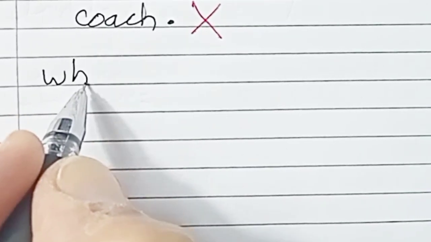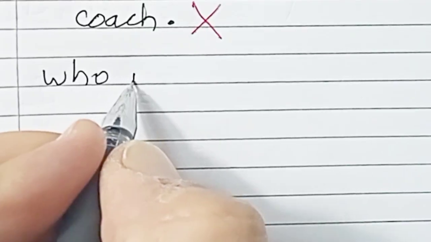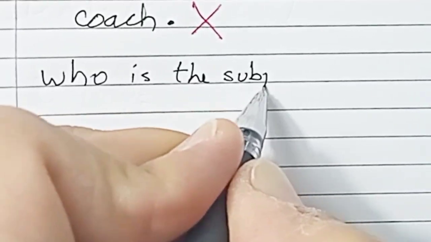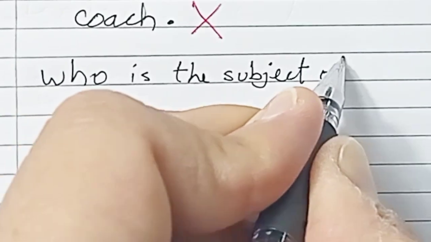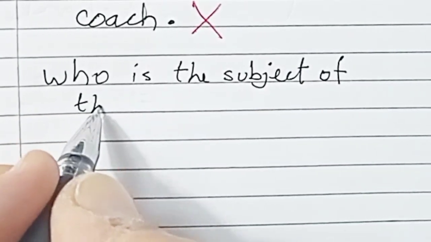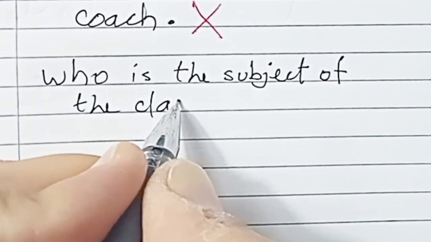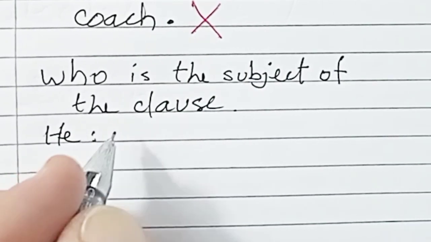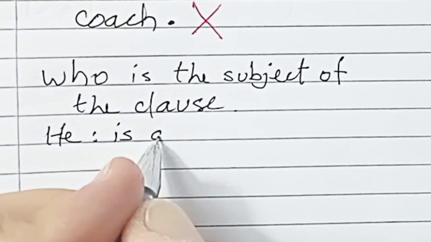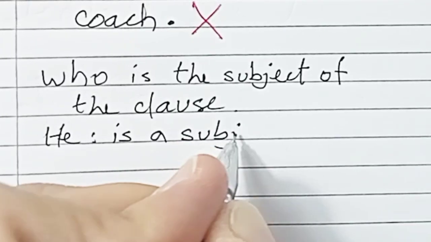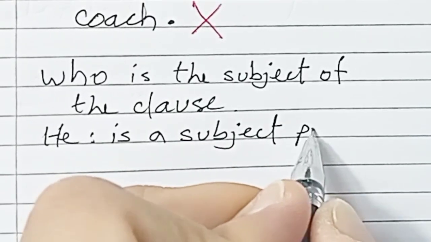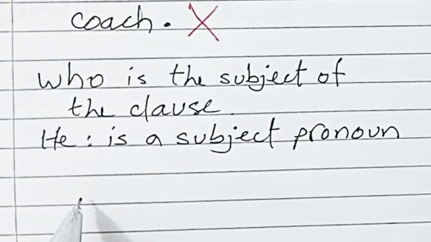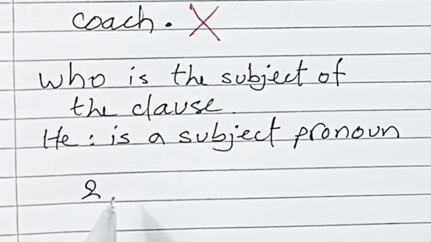Let's break it down. Who is the subject of this clause? It's a noun clause, and its subject is who. He is another subject pronoun. In this case, what should I do? I drop the subject pronoun.